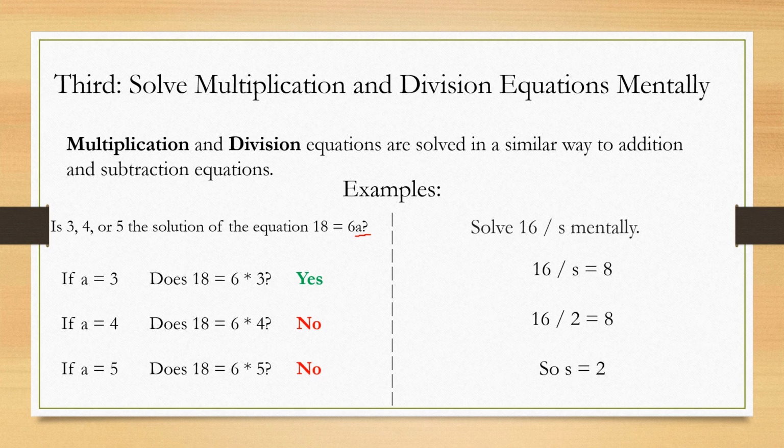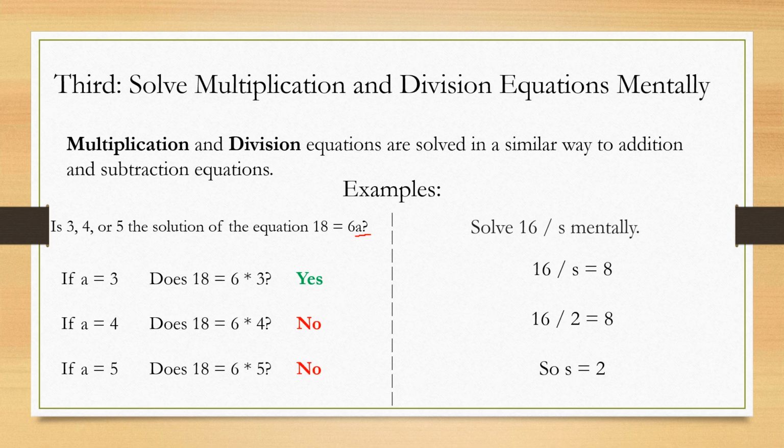If a equals 3, does 18 equal 6 times 3? Yes, it's a true mathematical sentence because 6 times 3 equals 18. So we don't have to test the other values.